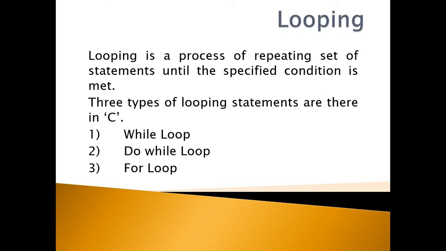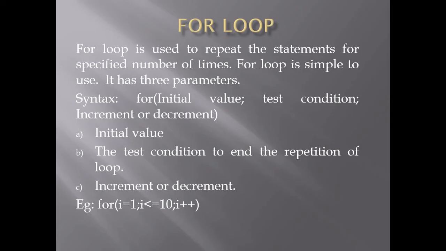In such situations, we make use of looping statements. There are three types of looping statements in C: while loop, do while loop, and for loop. In today's class, we are going to discuss how the for loop can be used.